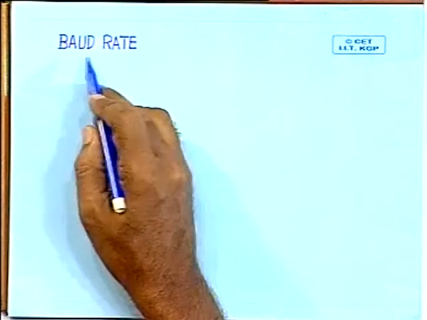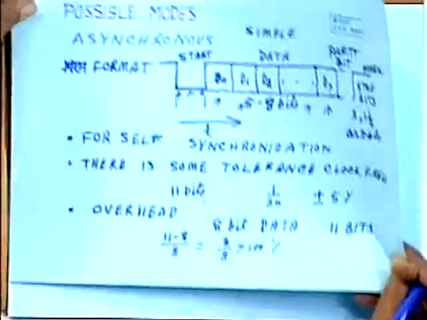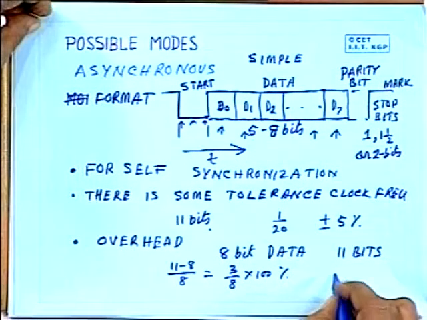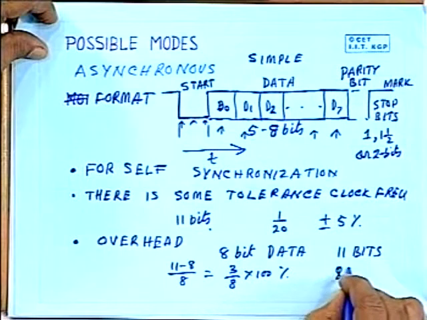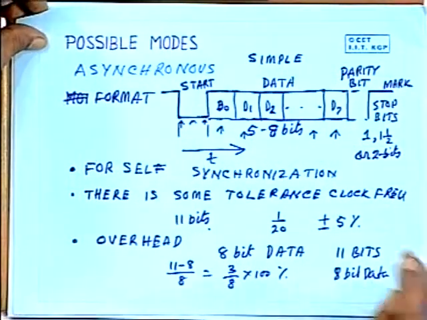How do you implement it? In this context, let me explain another concept called baud rate. We have seen that for sending data in asynchronous mode, you are sending 11 bits, but you are essentially sending 8-bit data. Baud rate specifies the number of signal elements you are sending per unit time.